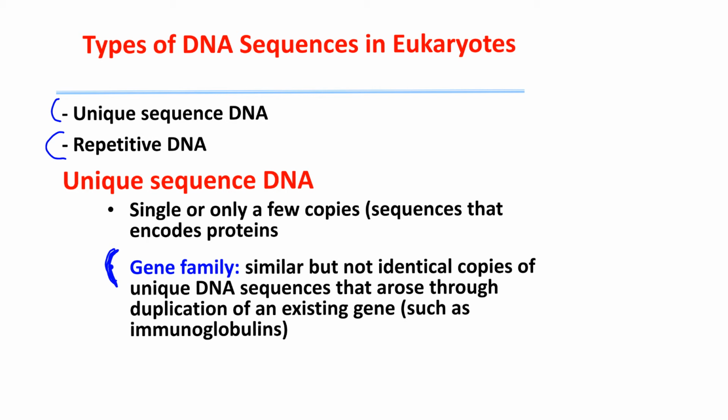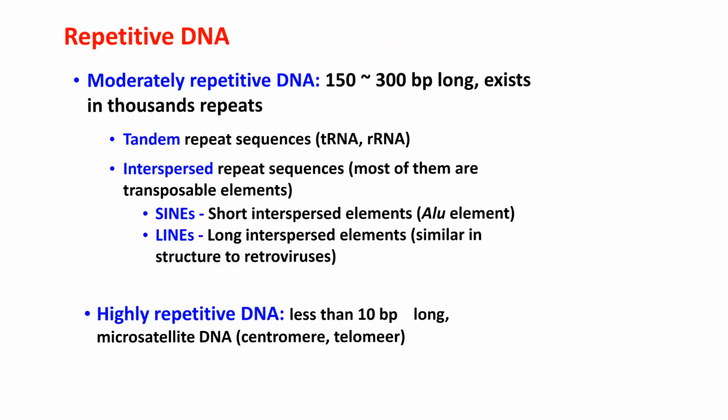We can find in our genome two major groups of repetitive DNA: either moderately repetitive DNA sequences or highly repetitive DNA sequences. The length of moderately repetitive DNA sequences usually varies between 150 and 300 base pairs.